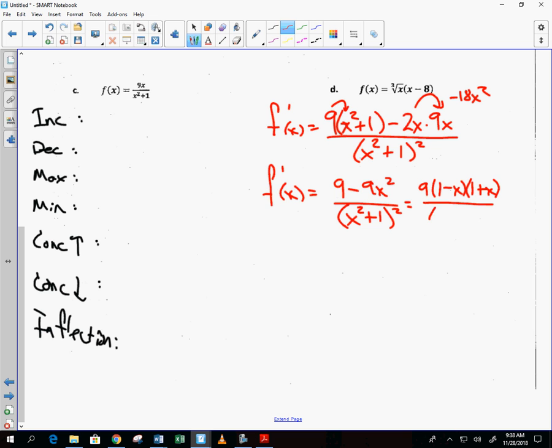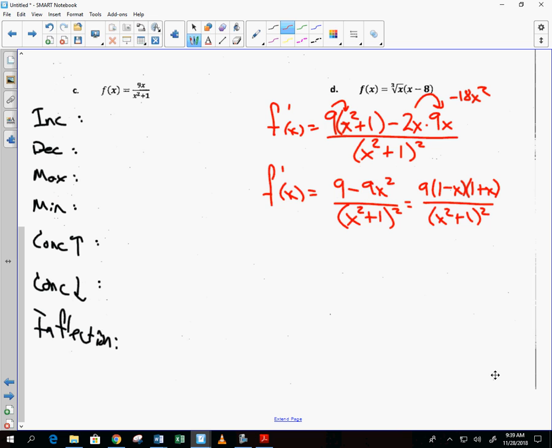Now, I know you don't know what that graph looks like, but tell me something about the bottom. Not only can it not equal 0, it's always positive. Does everybody see that the bottom is always positive? So therefore, if we want to know where it's positive, we just have to consider the top.